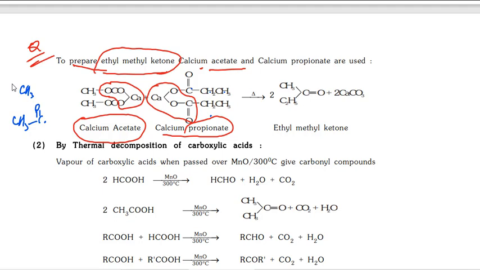Now this methyl is connected with this one. I am giving numbering 1, here also 1. If 1 and 1 combine, you will get ethyl methyl. Suppose here this 2 and here also 2. This 2 also gives ethyl methyl ketone.